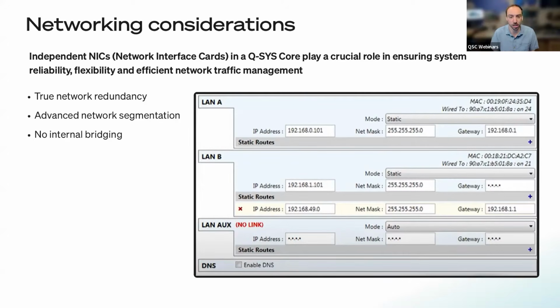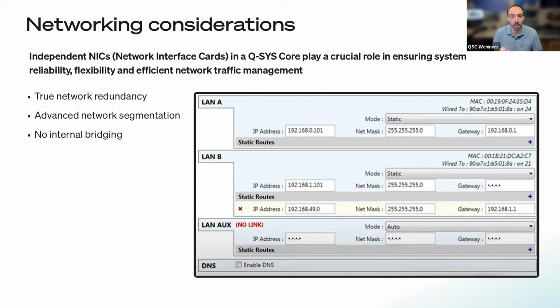They don't talk to each other at a hardware level, which means you can do advanced network segmentation. When we do need to bridge those, we can add things like static routing that allows you to make a direct connection from that network interface to a specific IP endpoint or to a specific subnet if you need to. For instance, on this screen, you can see LAN B is addressed to the 192.168.1.101 subnet with a netmask of 255.255.255.0.